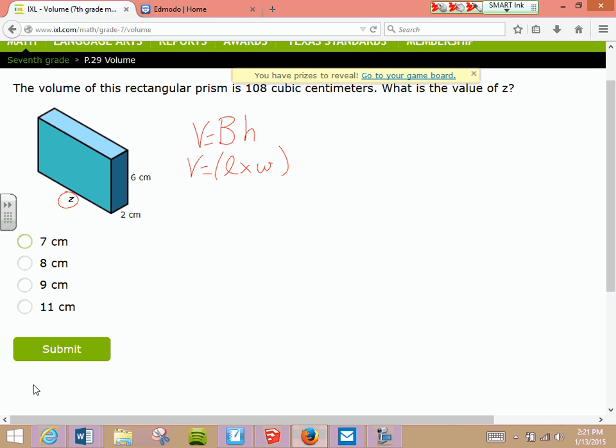That's not a triangle, right? That is not a triangle. Times the height. We do not divide on this one because we're talking about the entire thing. So, what do we know? What numbers do we have? The height, the length, and the volume.